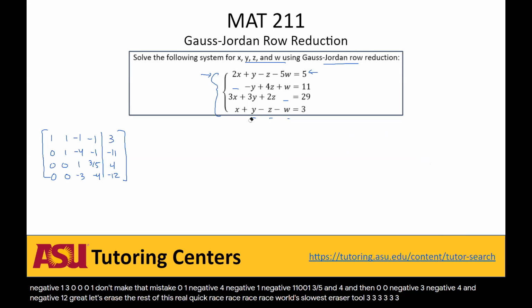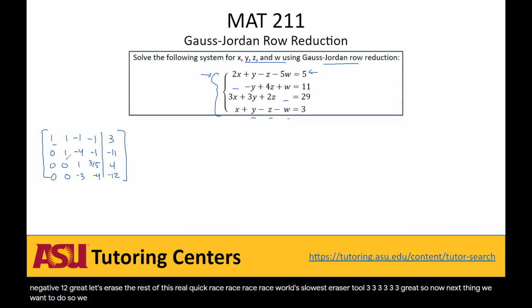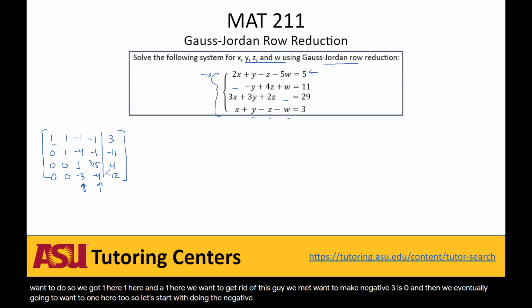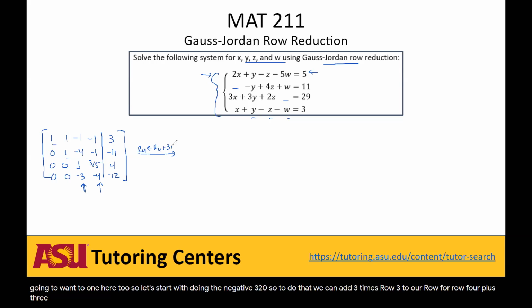Okay, great. So now, next thing we want to do, we've got a 1 here, a 1 here, and a 1 here. We want to get rid of this guy. We want to make negative 3 a 0, and then we are eventually going to want a 1 here too. So let's start with doing the negative 3 to 0. To do that, we can add 3 times row 3 to our row 4. Row 4 is row 4 plus 3 row 3.